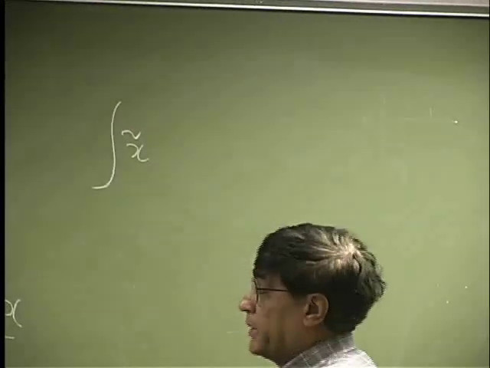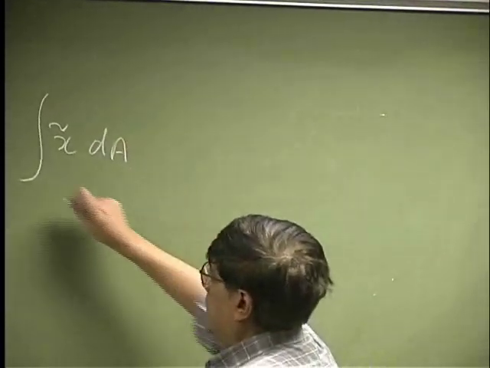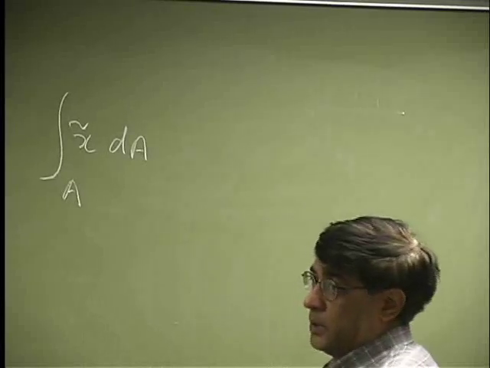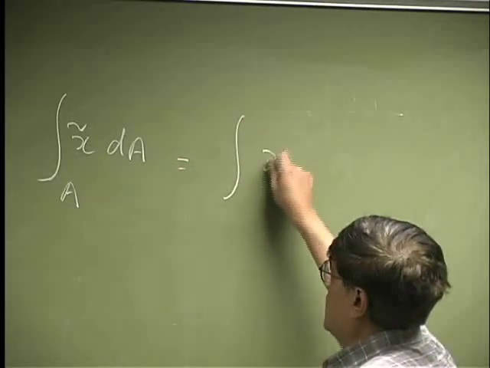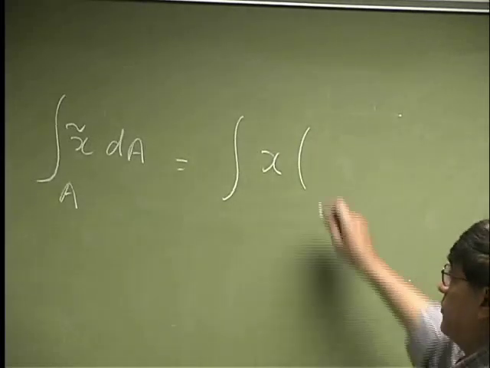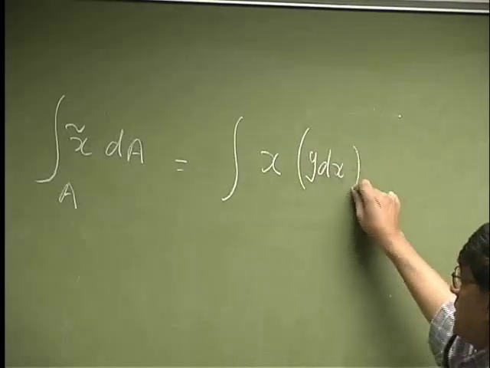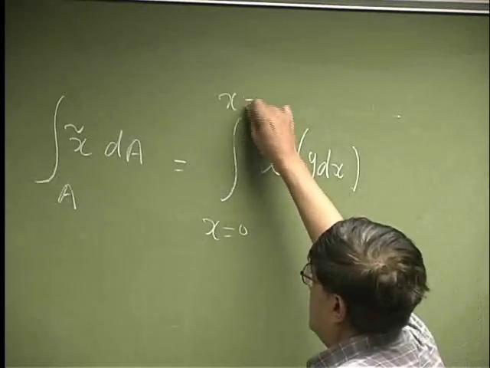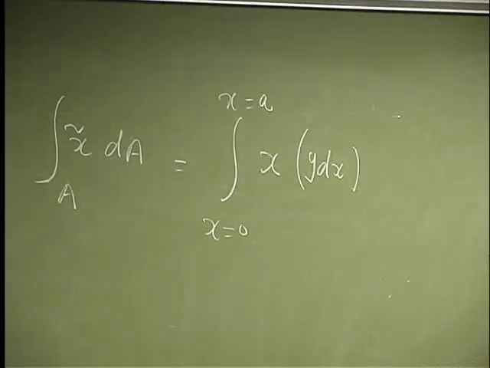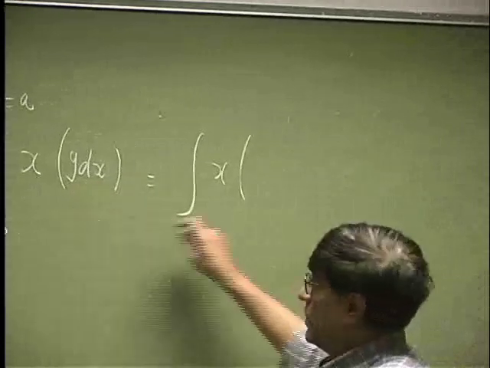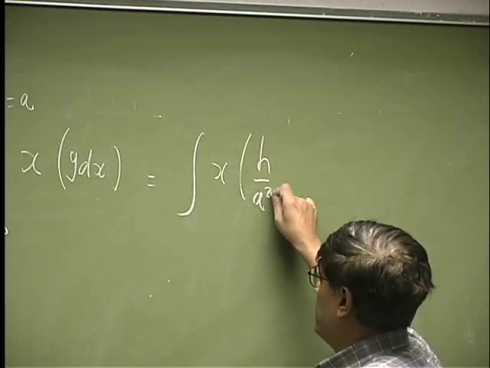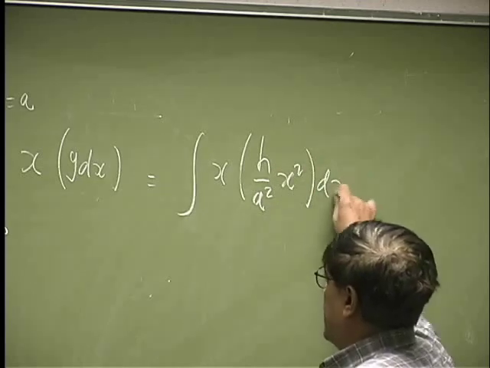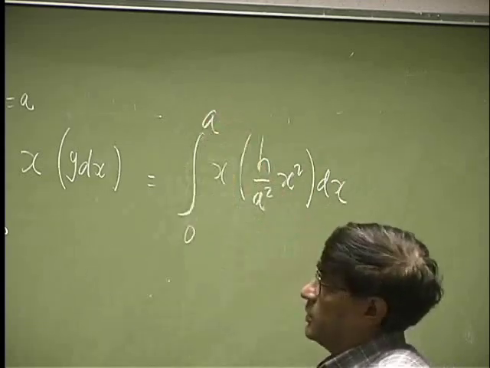Then we need the next integration, that's x tilde dA. Again, that's the area integral. So you're looking at this, x dA would be x y dx, and your limit's going to go from 0 to a. Again, we're going to replace the y by h over a squared x squared dx. You're going from 0 to a.